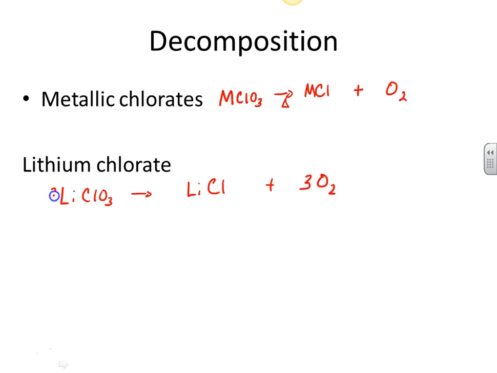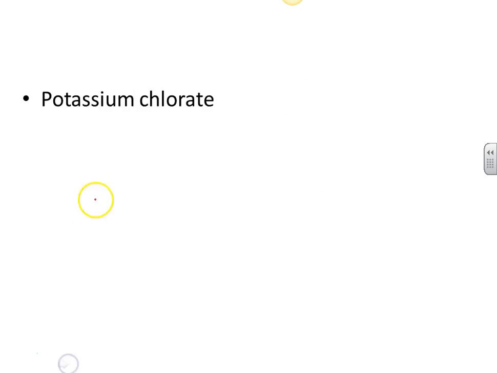Need a 3, a 2, and a 2 to balance that. Potassium chlorate decomposes when heated to produce potassium chloride plus O2. Same pattern in balancing as the previous problem.